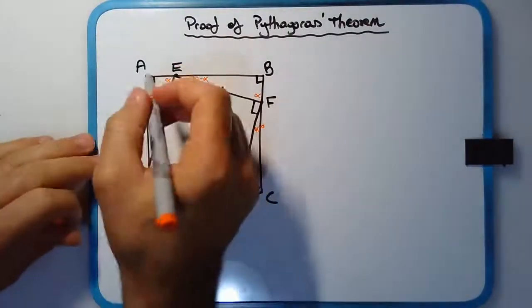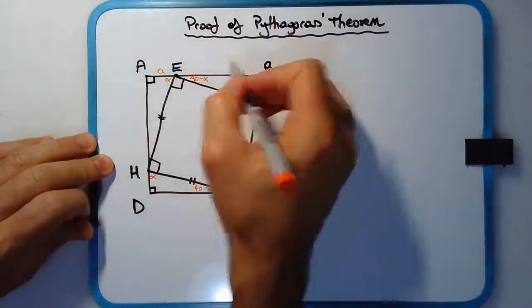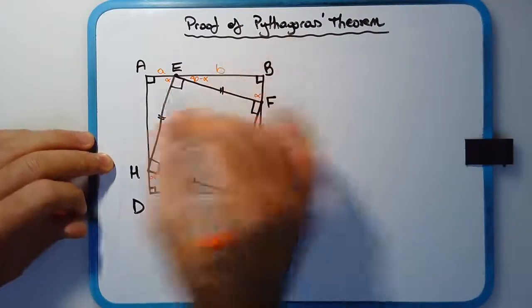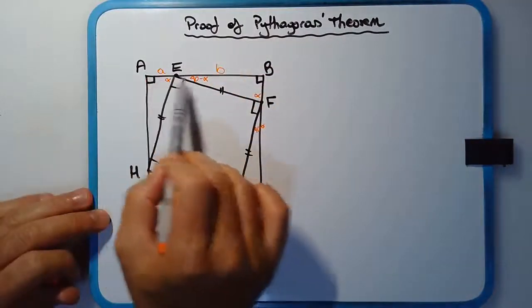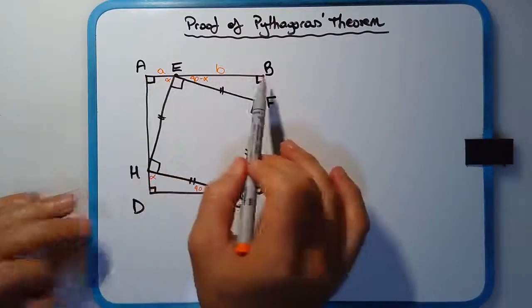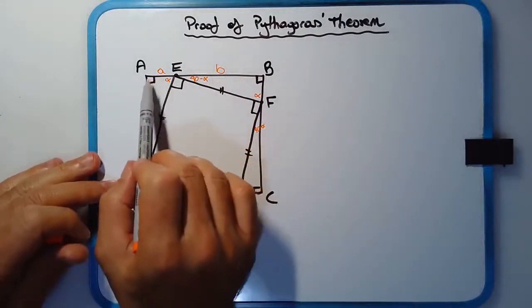So I'm going to use lowercase characters here to label the sides of the larger square. I'm going to break the side of the larger square up into two shorter sides.